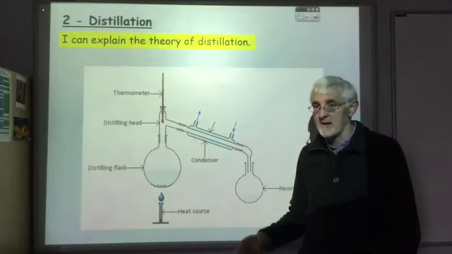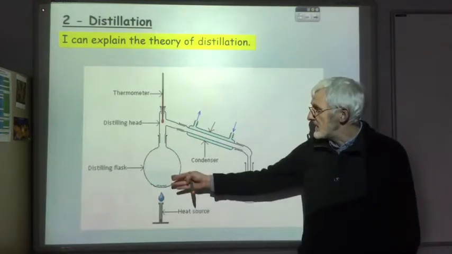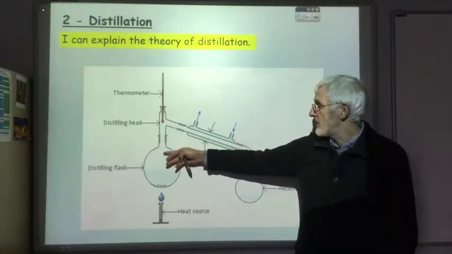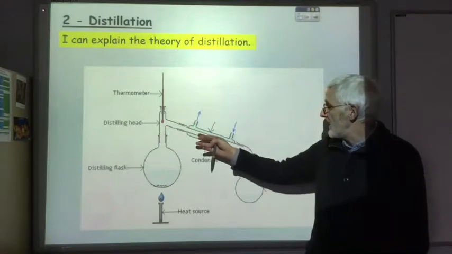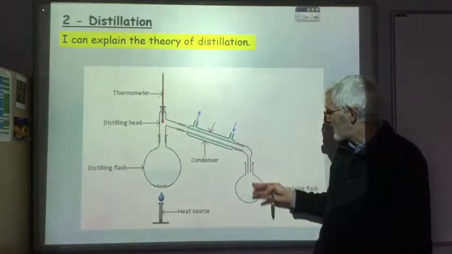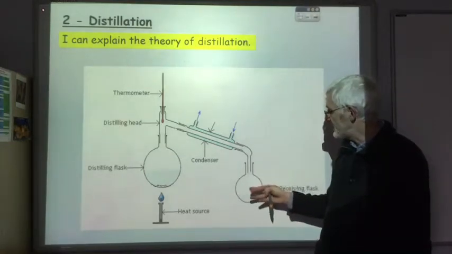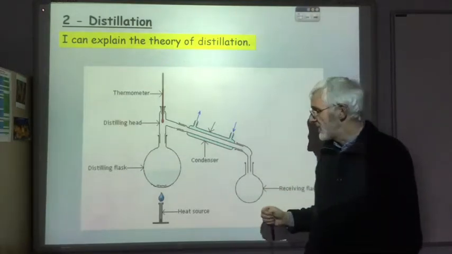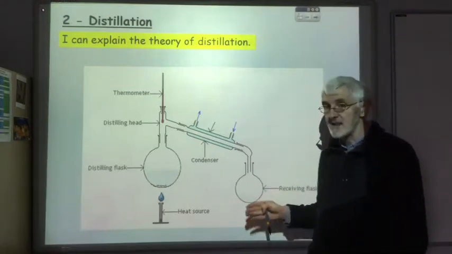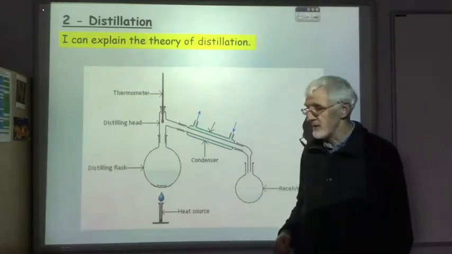Ethanol boils at 80, water 100. Heat the sample up to 80, the ethanol will boil, turn into a gas, then gets condensed here, turns back into a liquid, and we can collect the distillate in this receiving flask. Occasionally at Advanced Higher, we have the receiving flask surrounded by ice, again just to reduce evaporative losses.